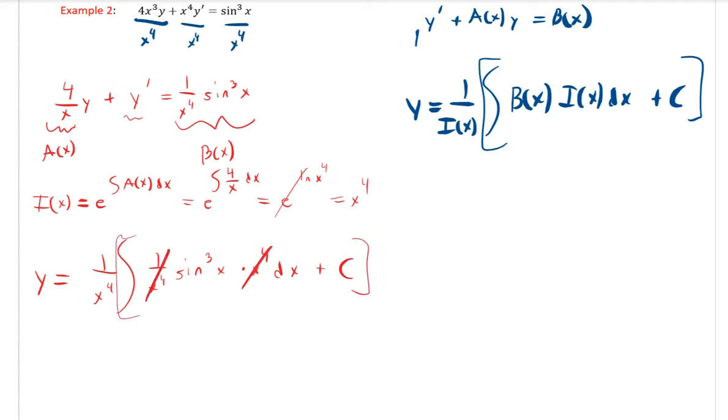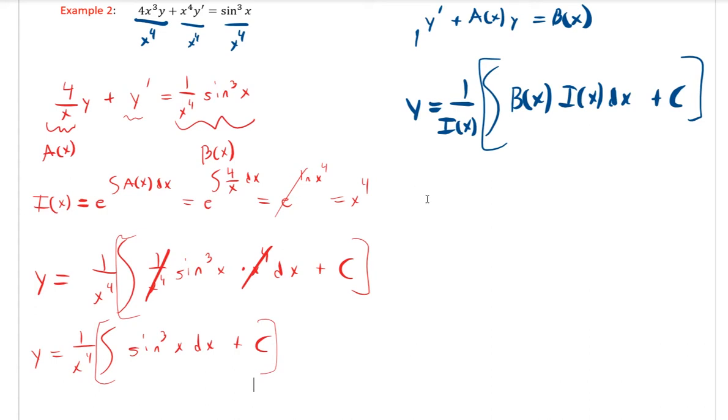That means those two are going to cancel out. And so all I have here is 1 over x to the fourth times the integral of sine cubed x dx plus c.